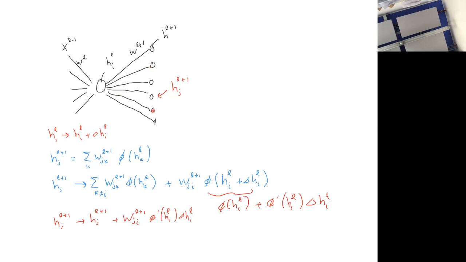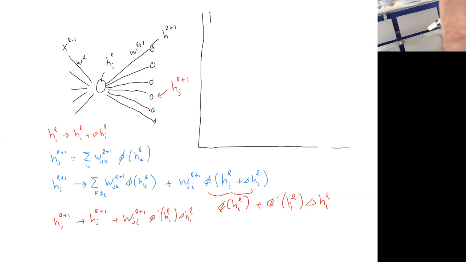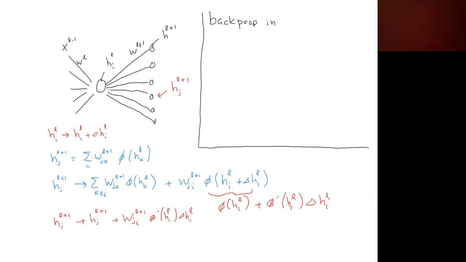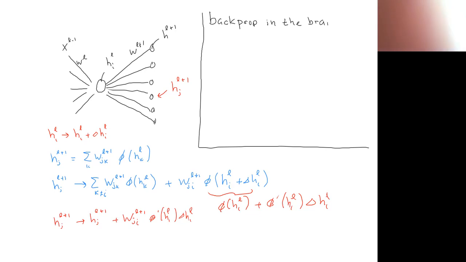Okay. And so there are now two reasons why backprop is not biologically plausible. So we can now think about backprop in the brain. To run backprop in the brain, neurons need to know their outgoing weights.